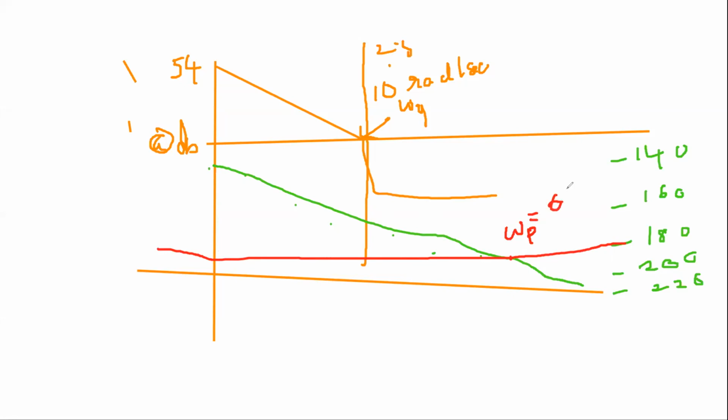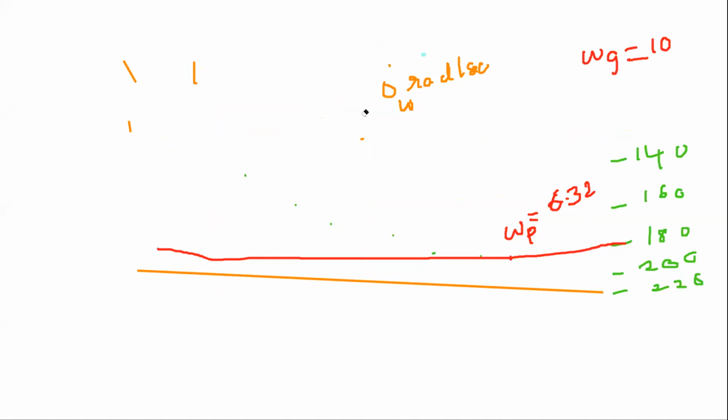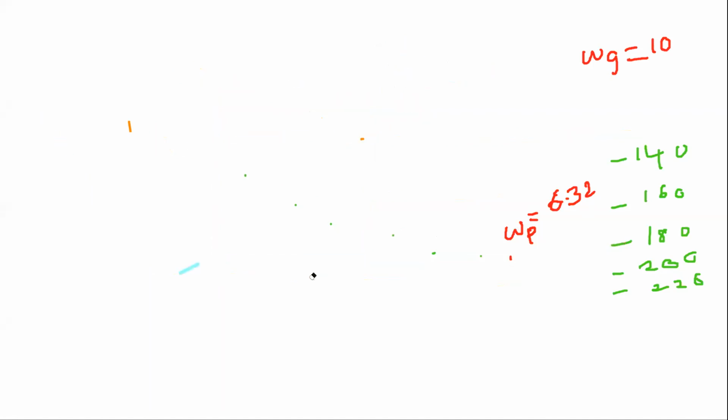So whatever you are crossing, you should be able to see that it happens at 6.32, then only it is correct. Otherwise it is wrong. So you will be getting your omega p as 6.32 and your omega g must be 10 radians per second. But whatever has been shown here is not reflecting what you have to have. Let me show this before we fully draw it.